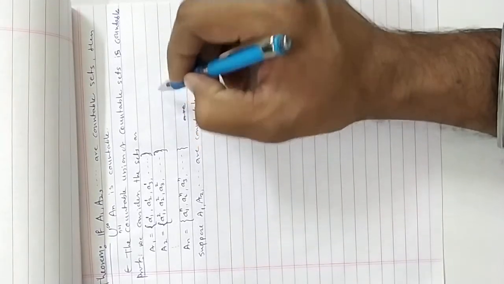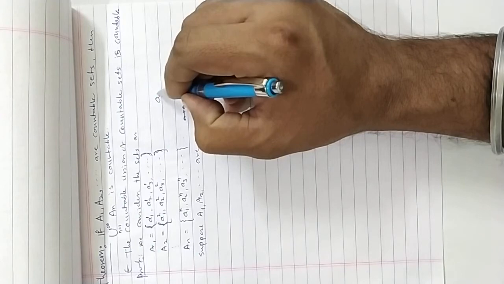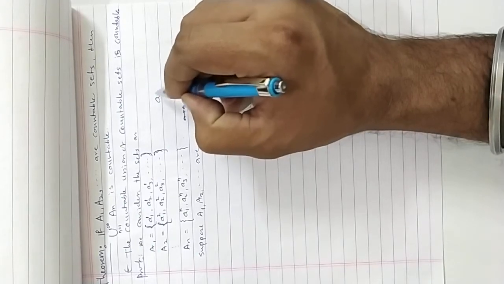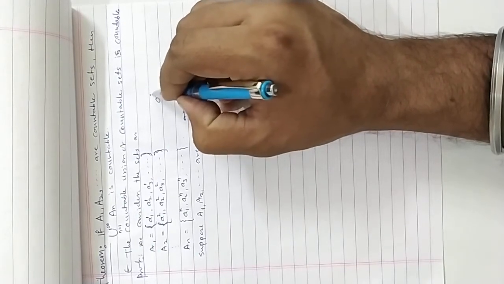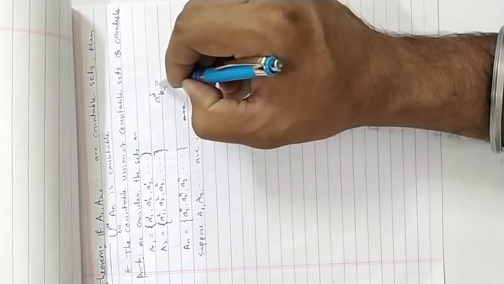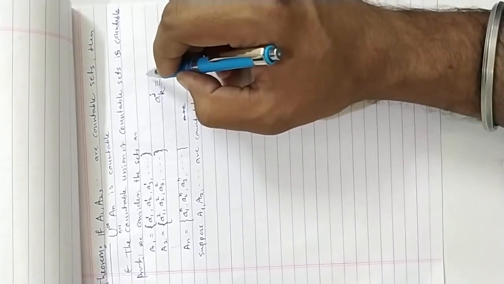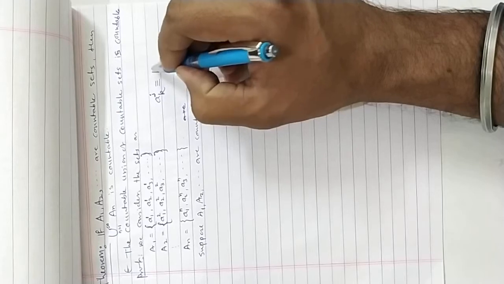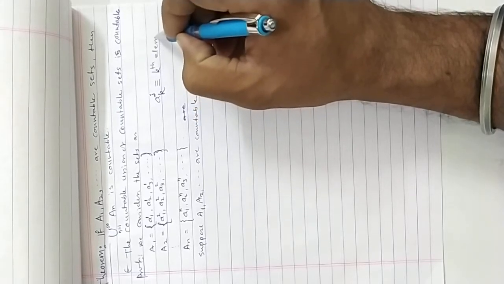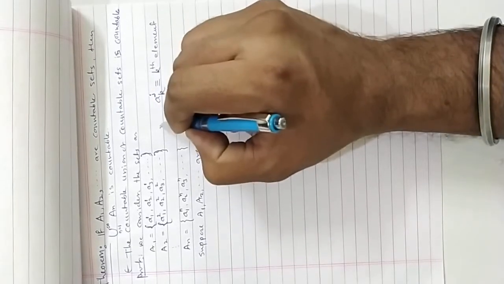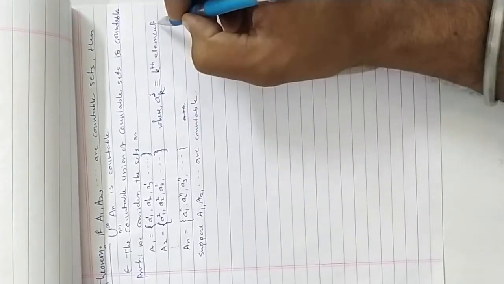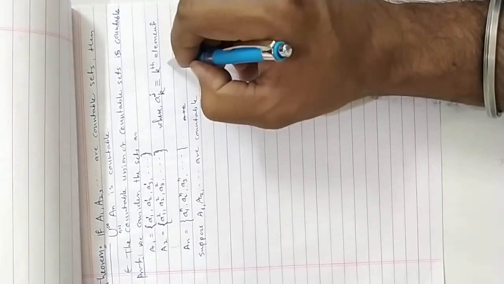So a_k with j written in the superscript means it is the kth element of set Aj.